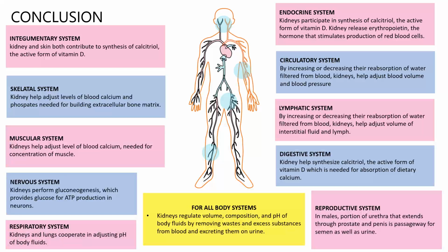Urine flushes microbes out of the urethra. Next, for the digestive system, kidneys help synthesize calcitriol, the active form of vitamin D, which is needed for absorption of dietary calcium. Last but not least, for the reproductive system, in males, the portion of the urethra that extends through the prostate and penis is the passageway for semen as well as urine.